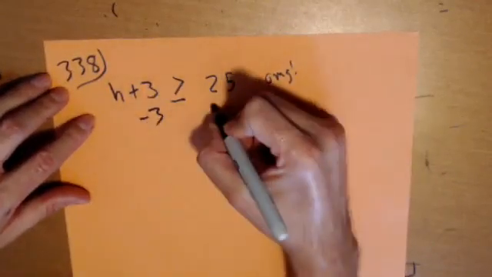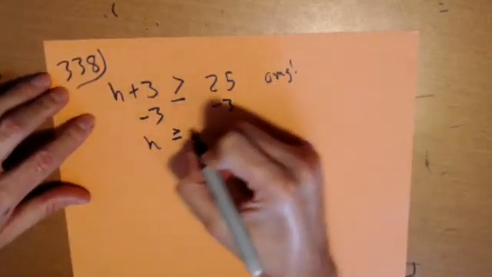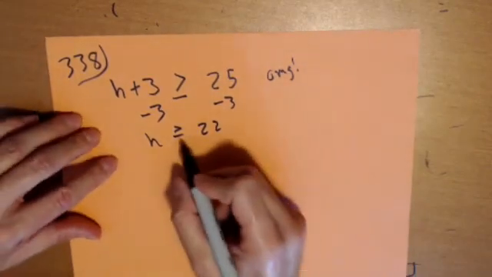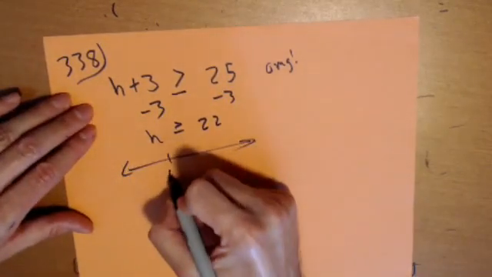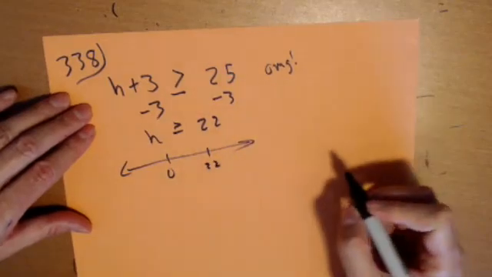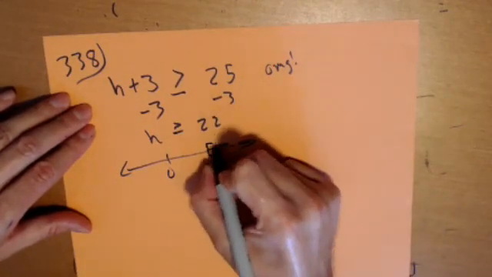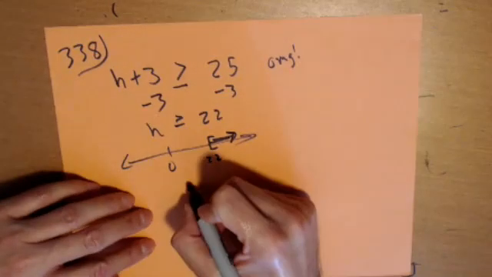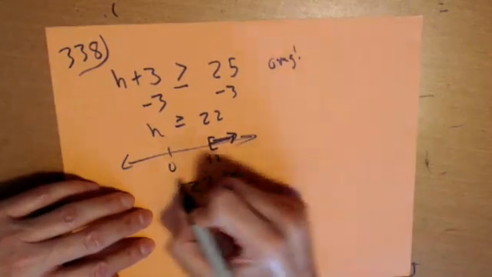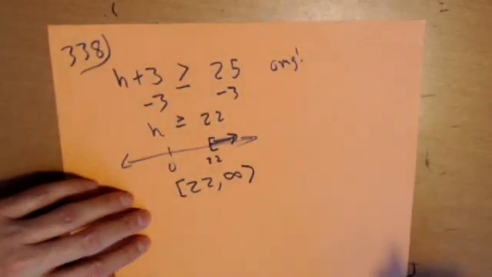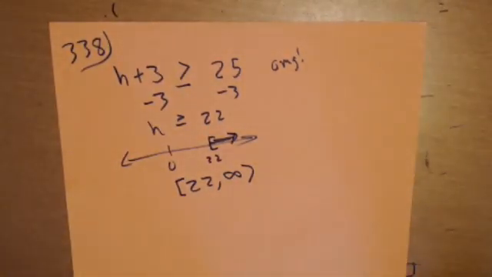Now we're on easy street. H is greater than or equal to 22. Here's 0, here's 22. It's pointing to the right. It's included, bracket. Rewrite it as 22, comma, infinity, bracket, parenthesis. Oh my. Okay.